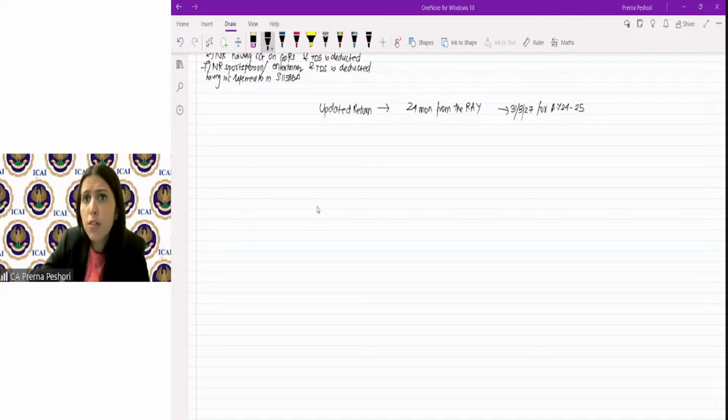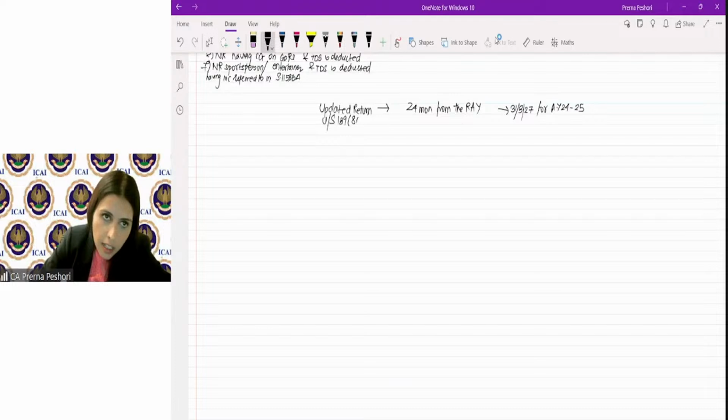This is irrespective of whether you have furnished a return under 139(1), 139(4), or 139(5), which is the original return, revised return, belated return, or you have not furnished any return. Even if you have furnished and you want to disclose additional income now, you can file the return of income, which is the updated return. This is under section 139(8A).